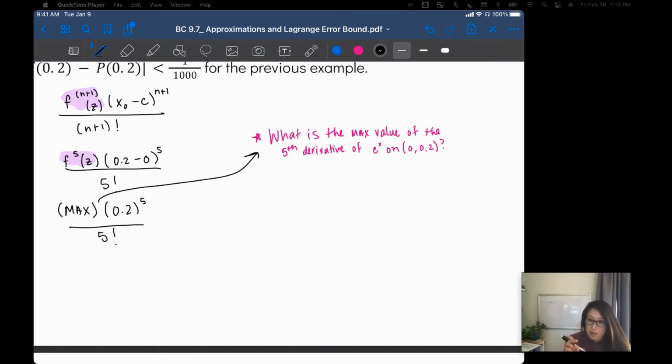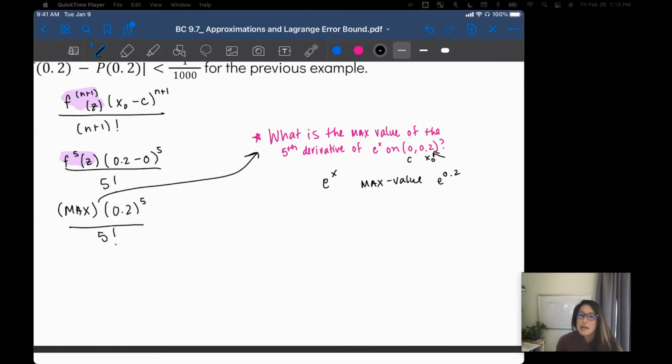So from my c value to the value I evaluated at. So the 5th derivative of e to the x is e to the x. So when would I have the greatest output on the interval 0 to 0.2? Well, it's when I plug in a higher value for x. So the max value would be e to the 0.2, okay?